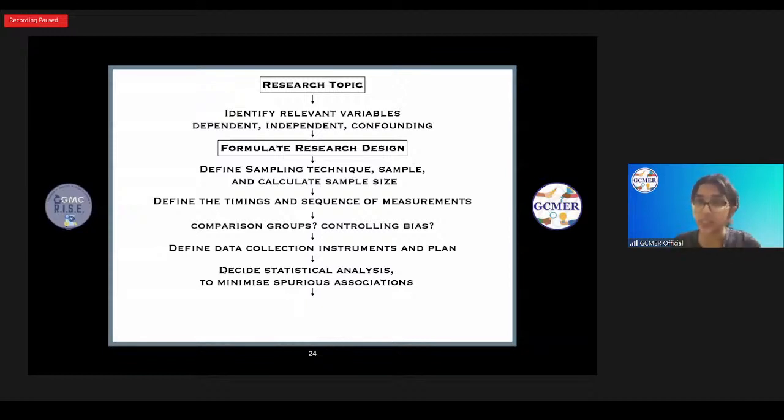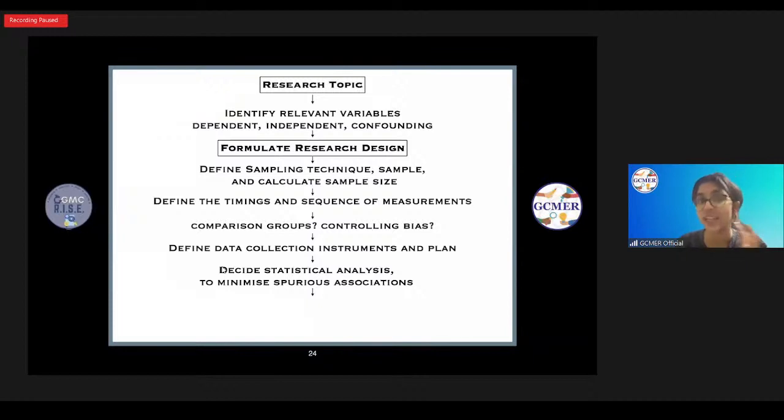Is the diabetes mellitus actually causing a lower BMI? Or as I said, people with uncontrolled diabetes mellitus might already be from a lower socioeconomic group, right? So is the lower socioeconomic status causing the lower BMI? Okay, so that's how you understand using statistical analysis whether this is a spurious association or whether it is a causative association.